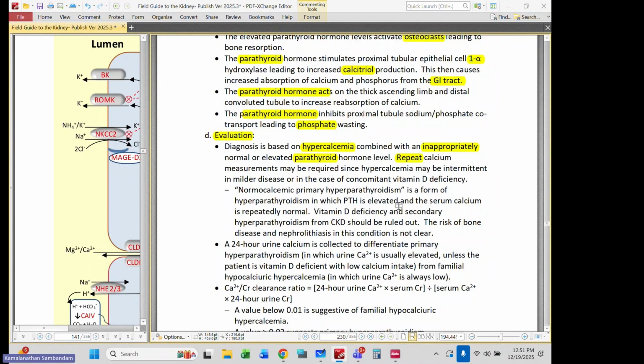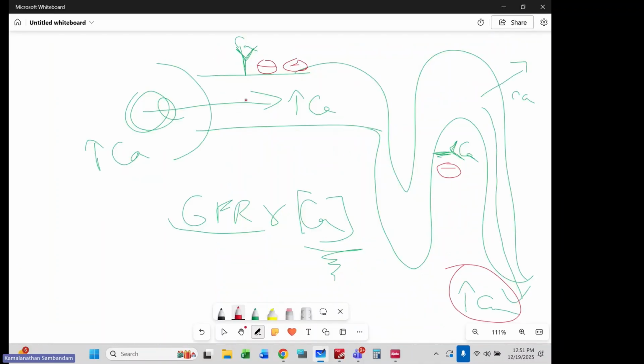Let me give you this important point that becomes relevant in more than just primary hyperpara. Remember, one defense against the hypercalcemia is the actual hypercalciuria, right? If I'm dumping calcium in my urine, that defends me against hypercalcemia, right?